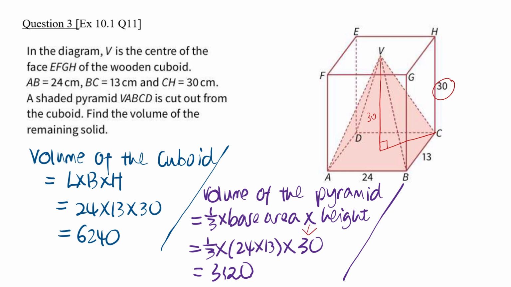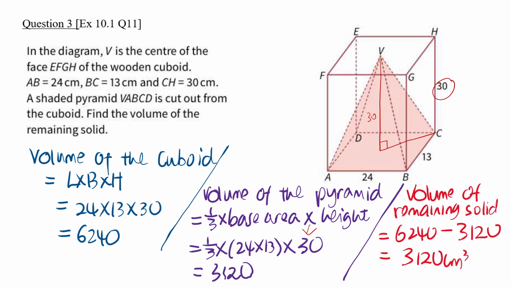Right. So to find the remaining solid, you just use the volume of the cuboid minus the volume of the pyramid. So that gives you 3120 centimeter cube.